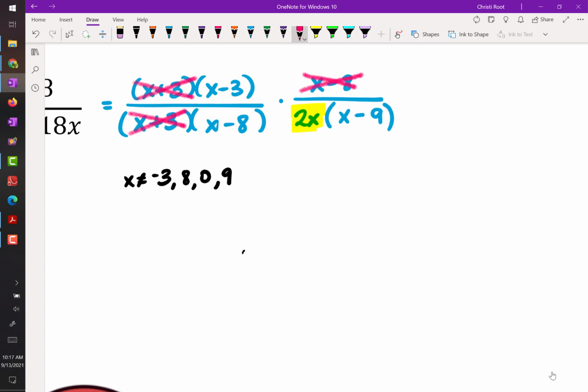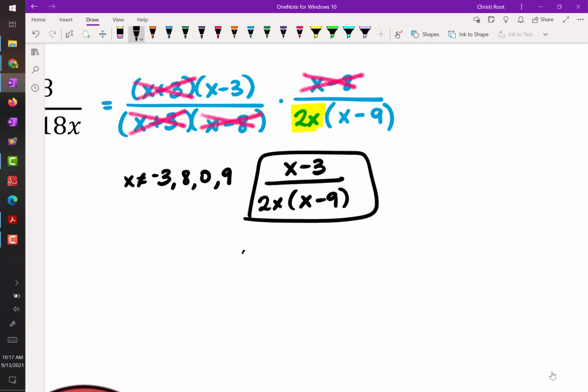Okay, x minus 8, x minus 8. And that looks like that's all we've got. So I have an x minus 3. You don't have to keep it in parentheses because there's nothing else around it. And then I'm just going to rewrite 2x and then x minus 9. Final answer.